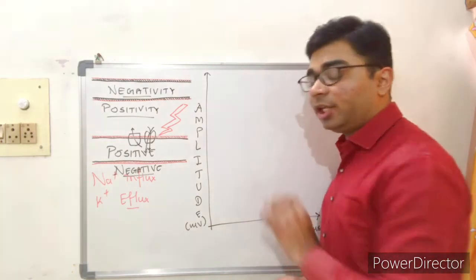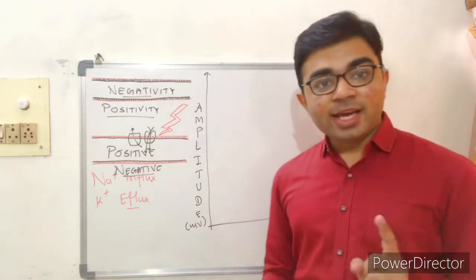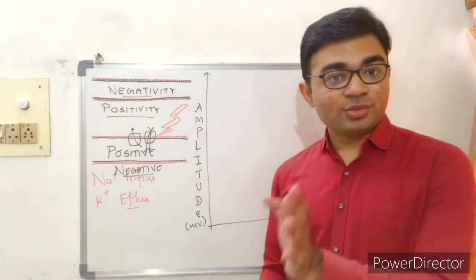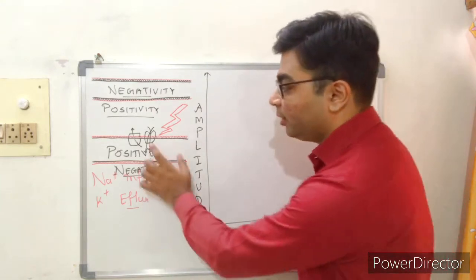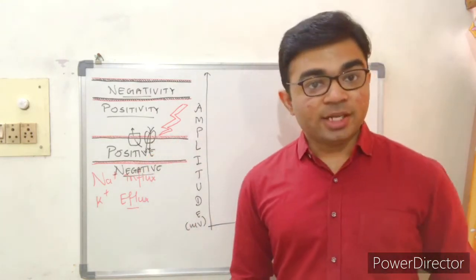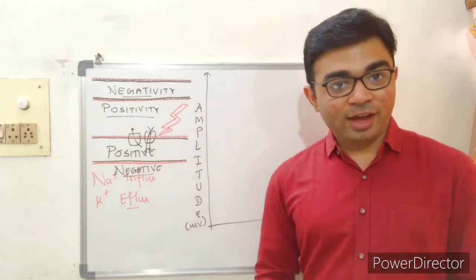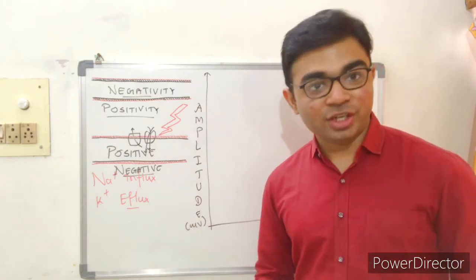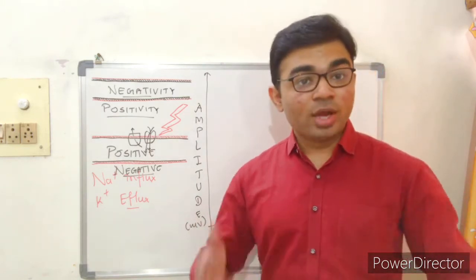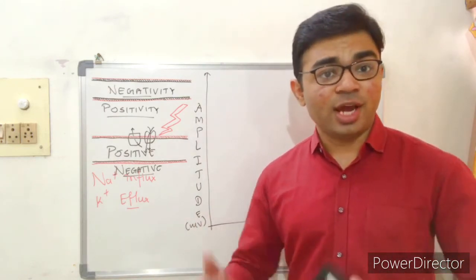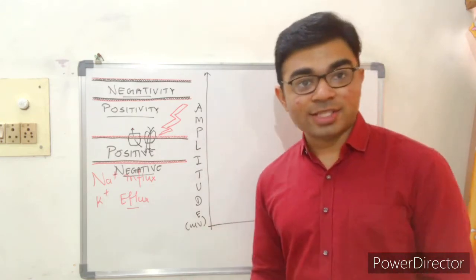Before I start explaining this graph, I will explain it according to the ionic changes occurring in this particular cell membrane. So do focus on the graph as well as the cell membrane changes, as these are electrochemical changes, so we must focus on the ionic exchange continuously.